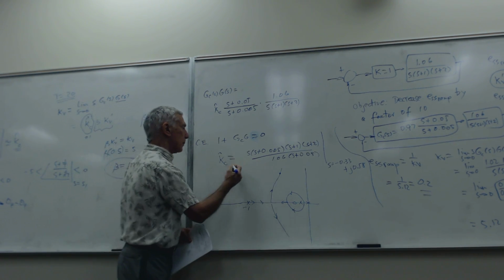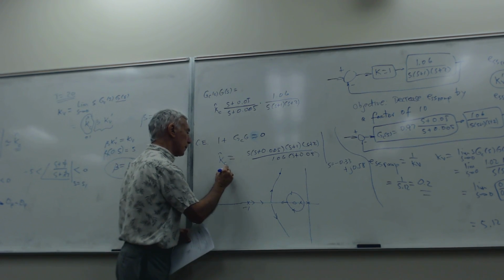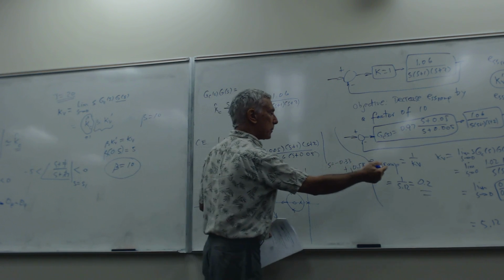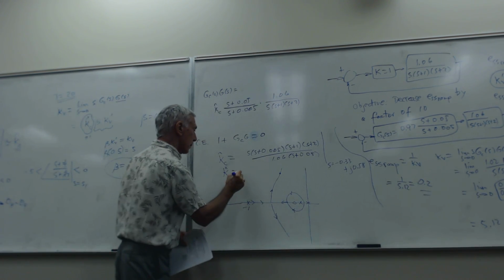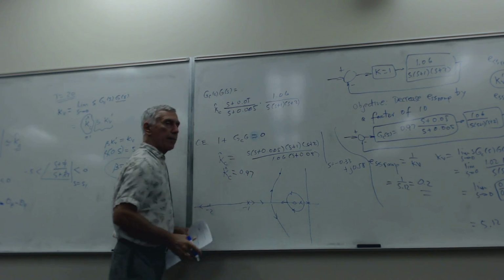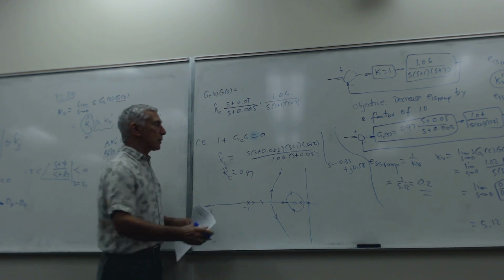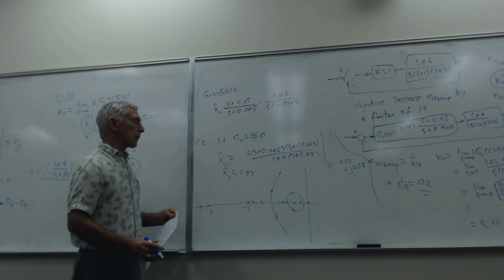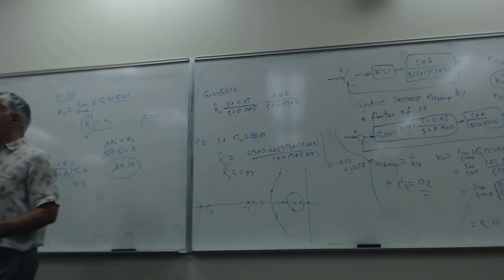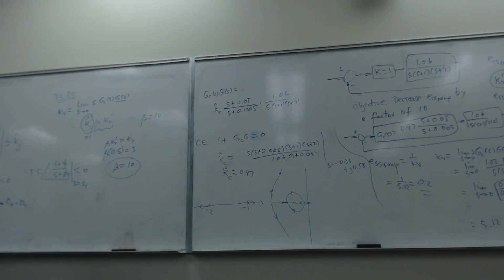From here, we can find Kc hat. It turns out to be 0.97, by substituting in this desired closed loop pole. There's a lot of explanation, but as far as the design is concerned, it's pretty simple.